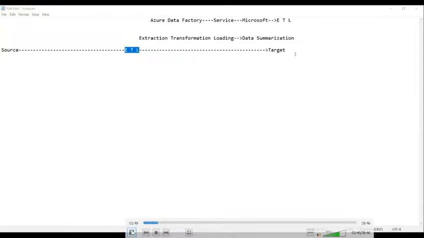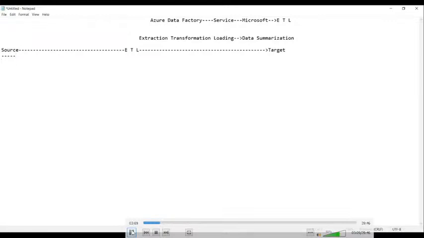Here, can you see source? Source means what? Can somebody tell me? What do you mean by source? Source is a starting point where we can find the information.